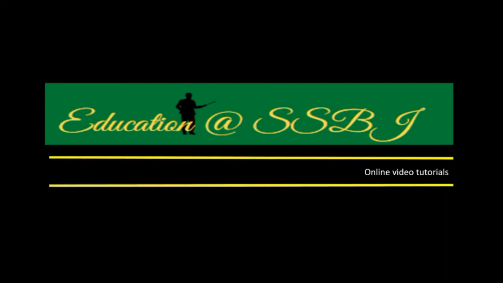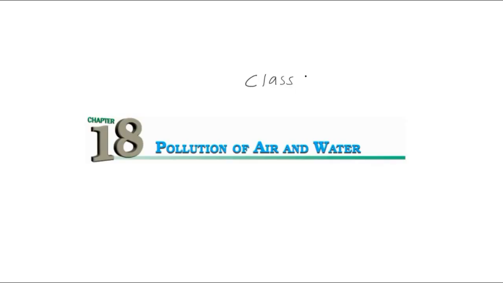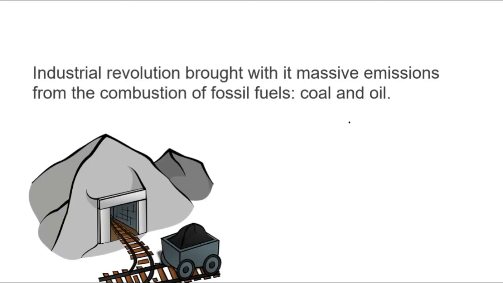We were in chapter number 18 of class 8 CBSE, pollution of air and water. We have already learnt in this lesson that the industrial revolution brought with it a massive emission of poisonous gases because of the use of coal and petroleum.